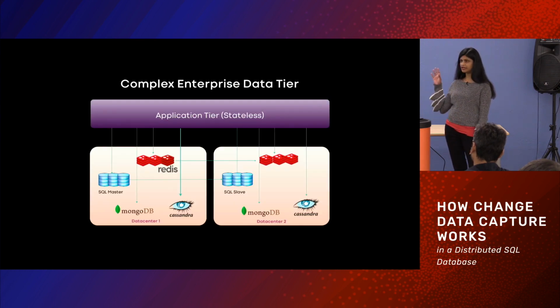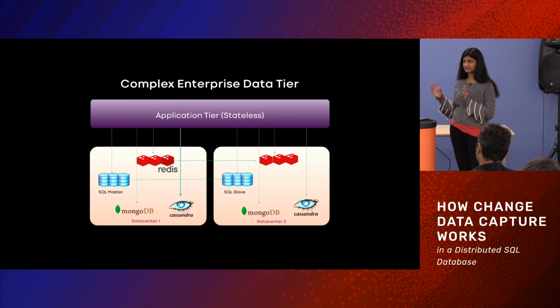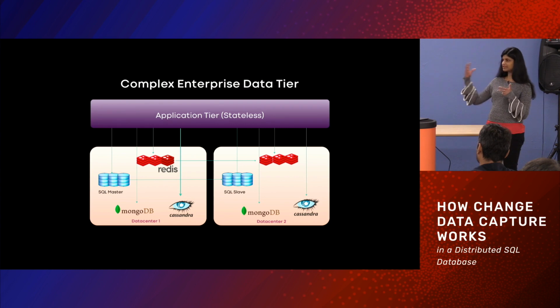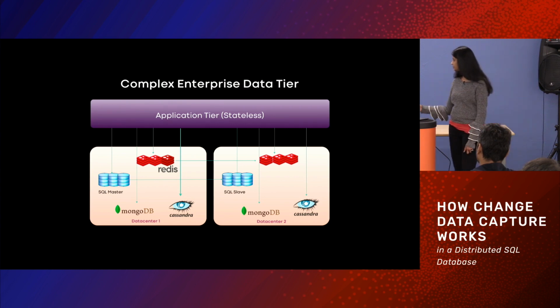If you look at any application tier today, most of the enterprise applications will have a mix of a variety of these databases. So you'll typically have your SQL databases that are used for source of truth type of data. You'll have your NoSQL databases that are used for scale out data like maybe tracking events or order events, etc. And then you might have maybe some in-memory databases like Redis that are also used on top of that.